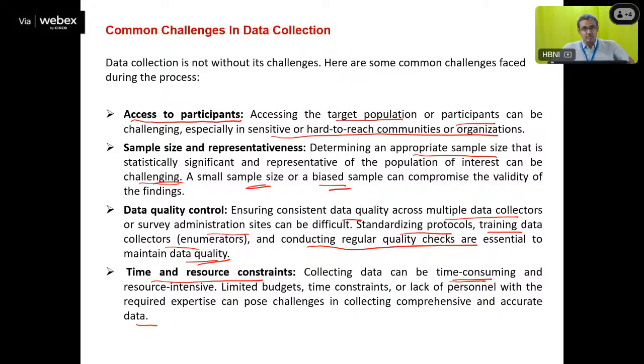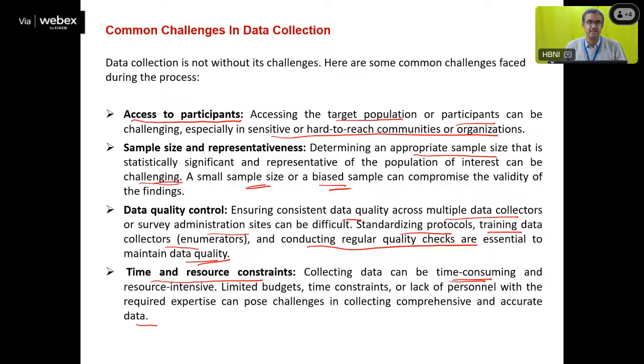So you have to depend on certain availability at a certain institute, or within your institute, certain collaborations. So it will be available only in a certain amount of time. So this kind of constraints, resource, and also time, budgets, every researcher is subjected to. So data collection is subjected to time and resource constraints.